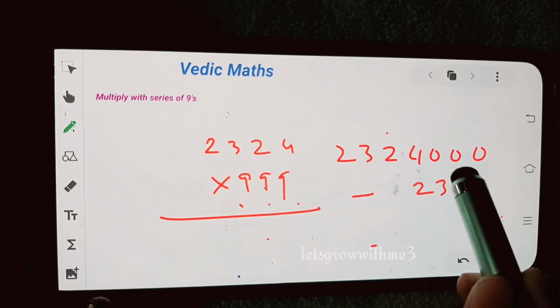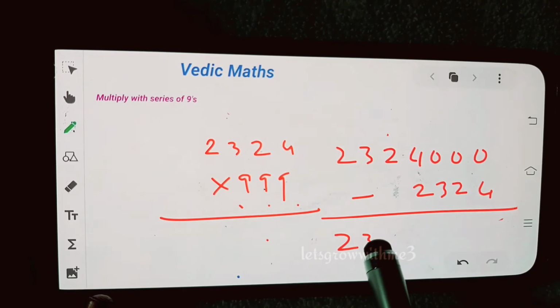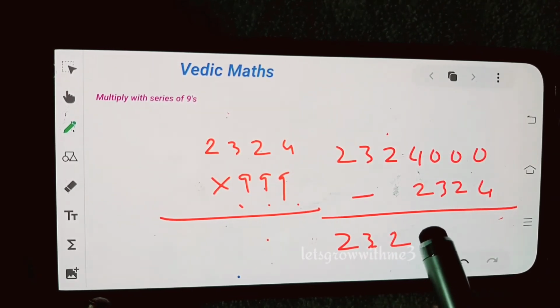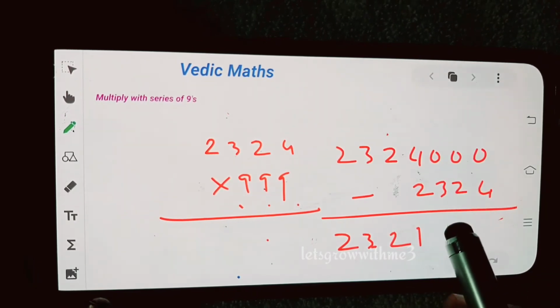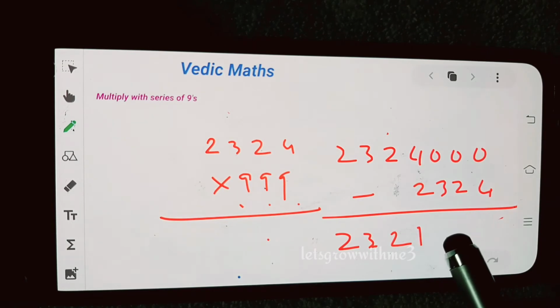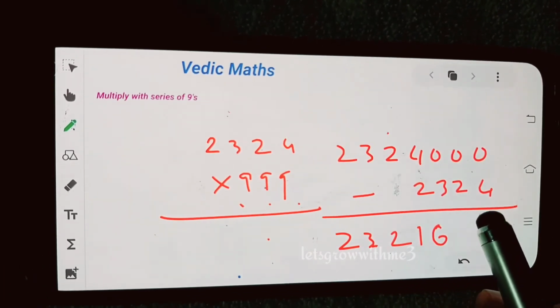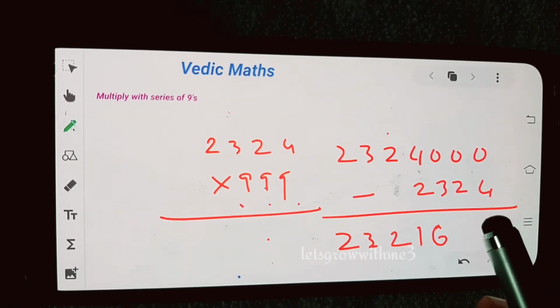Okay, so when we subtract, 232 is the same, but 4 minus 2 is 2, but we should write 1 because of this borrow combination. And then 0 plus 7 is 7, but we need to write 6 because of this borrow combination. And then 0 plus 8, but we should write 7 because of this borrow combination.